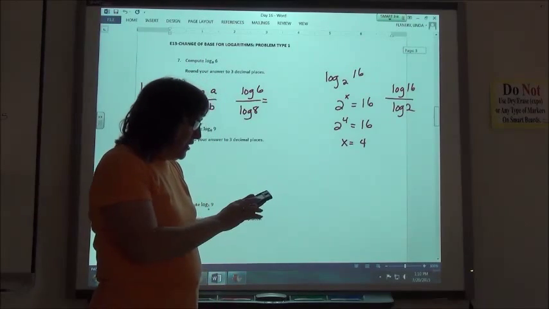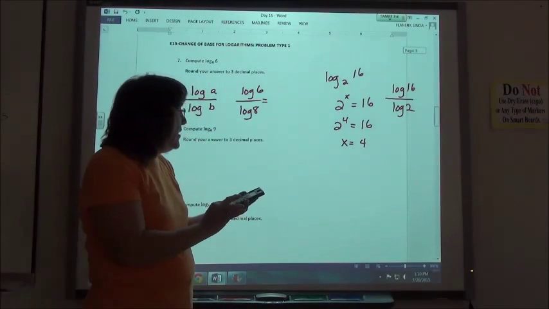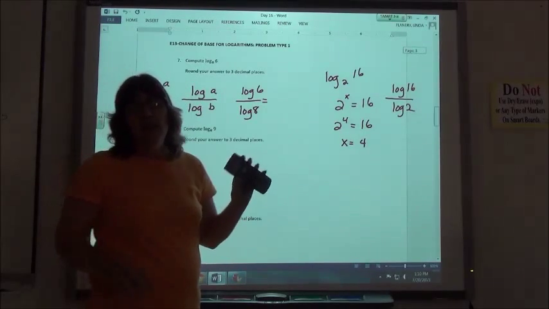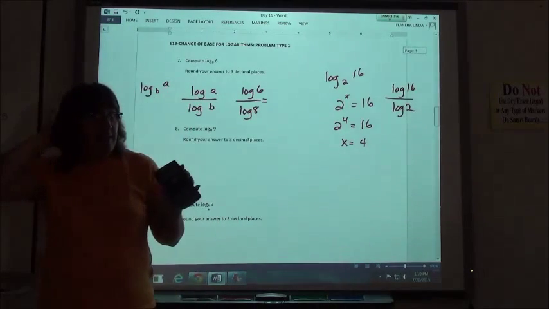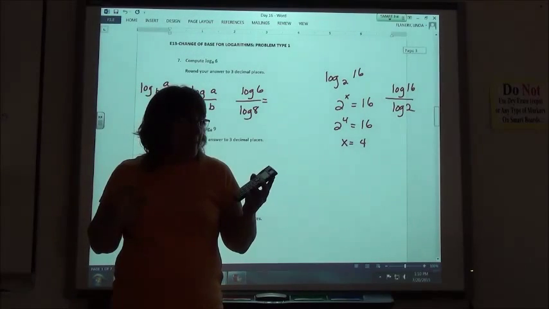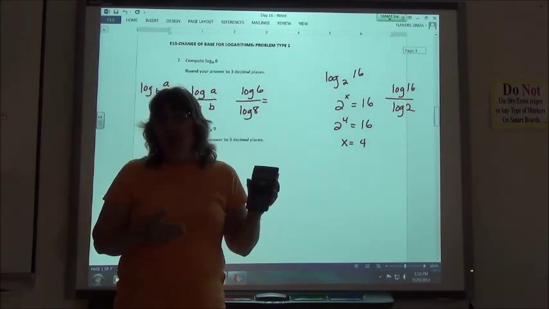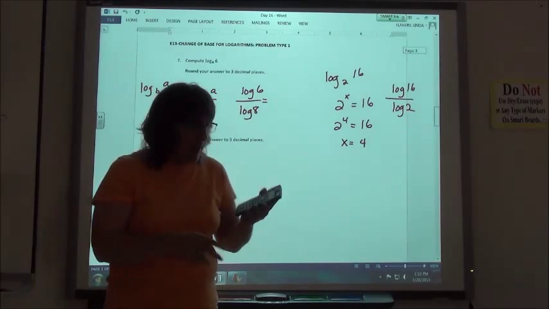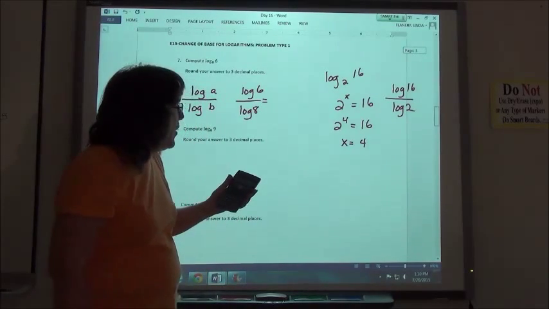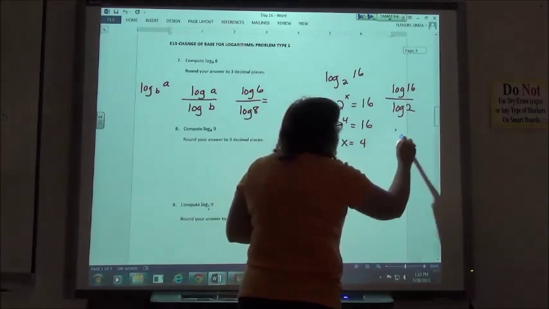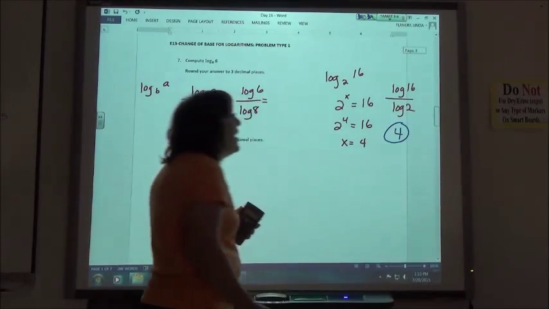So I'm going to punch in log of 16 divided by log of 2. Now again, on the Casio, you don't need parentheses. On Texas Instrument ones, it would put the parentheses there. The only time you need the parentheses is like if you have a fraction or some math problem in there. So in this case, if you hit equals, you should get the 4, which is what we already knew the answer was on that one.